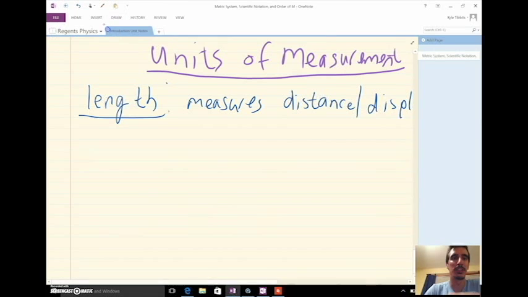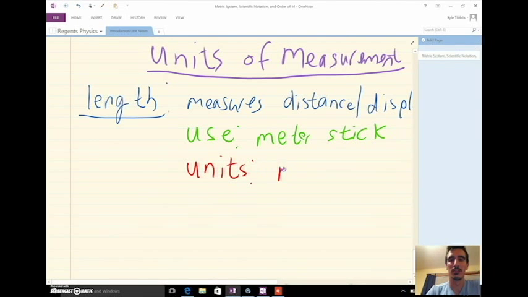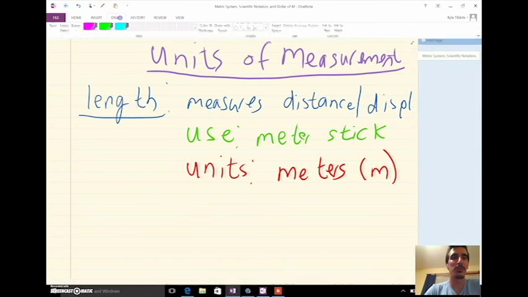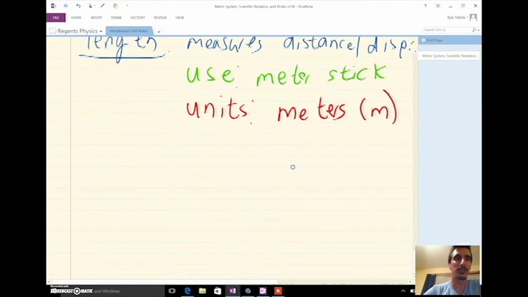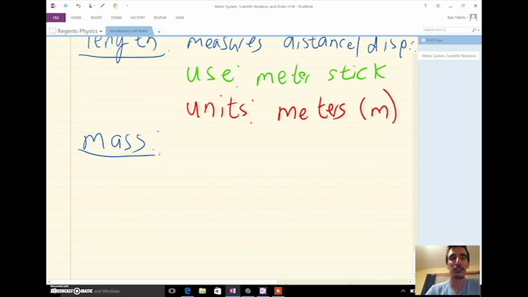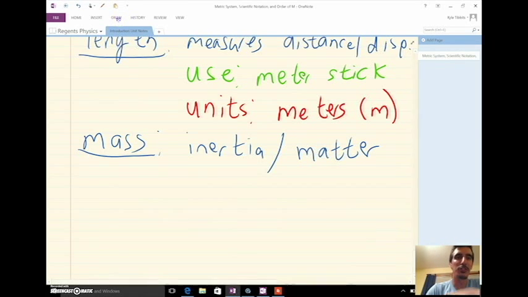Okay, so we measure length. We use the tool as a meter stick. And the units of length are meters, or m for short. Okay, next one is mass. Mass measures your inertia. Another new word, but we can also call it matter. To measure mass, we just use a scale.